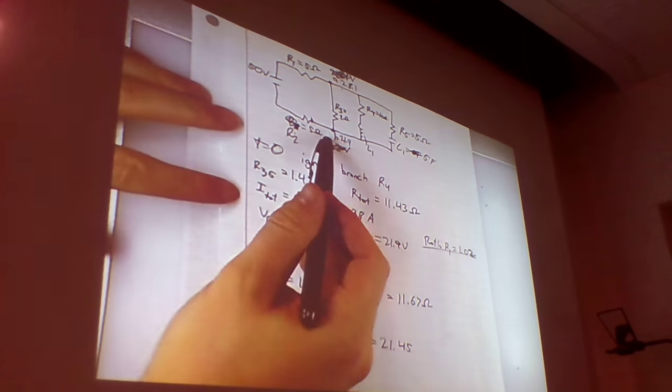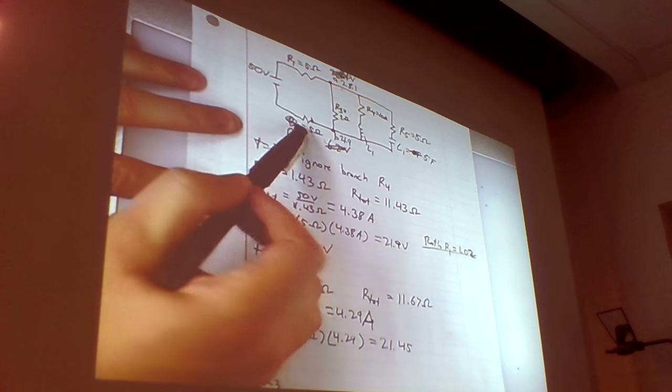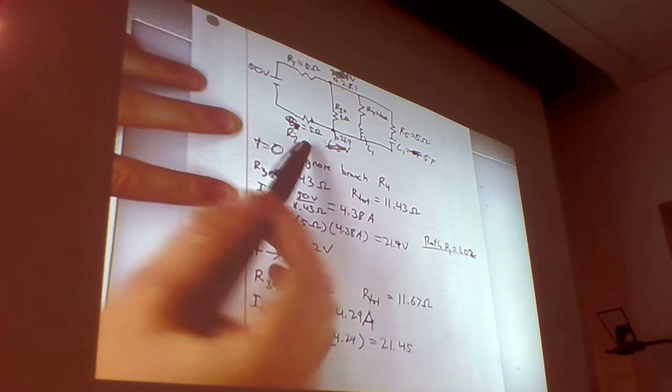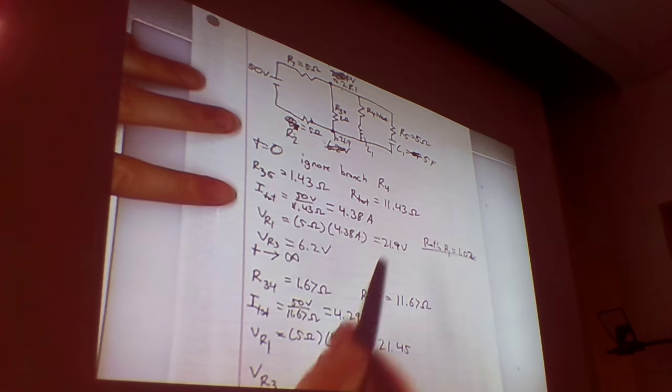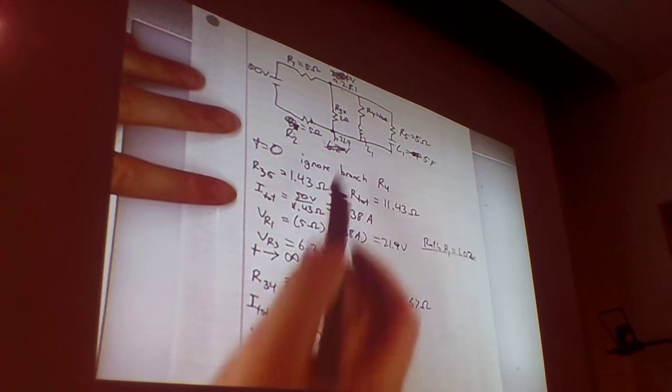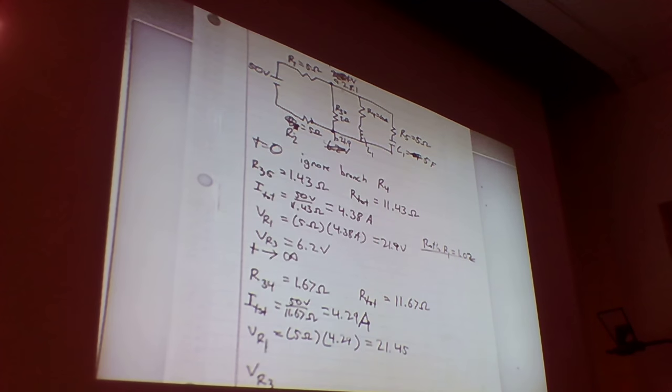And then the voltage at B is just 0 volts plus whatever voltage you have coming through here, which is 5 times, once again, 4.38 amps, which is 21.9 volts. So you go from 28.1 volts to 21.9 volts through R3, and that gives you 6.2 volts. Okay, so that's for t equals 0.